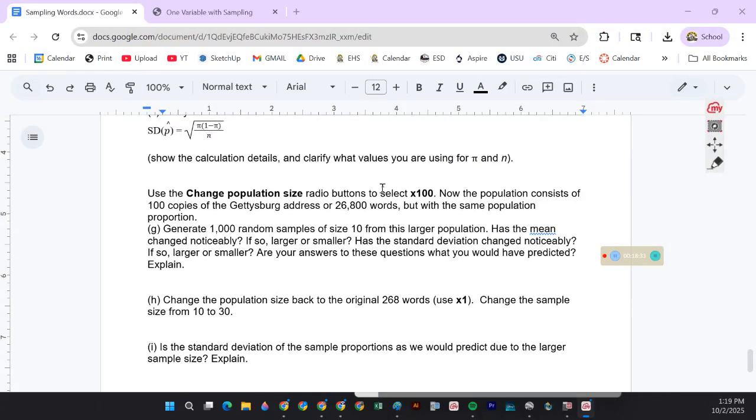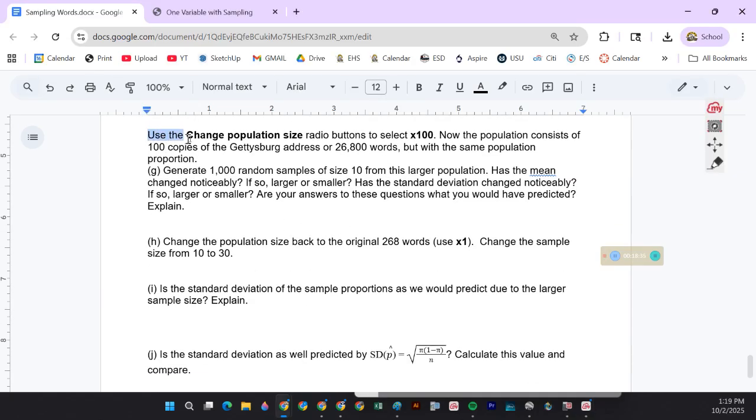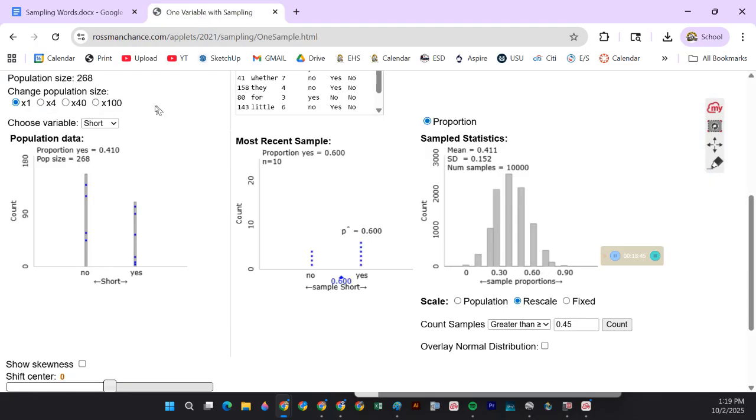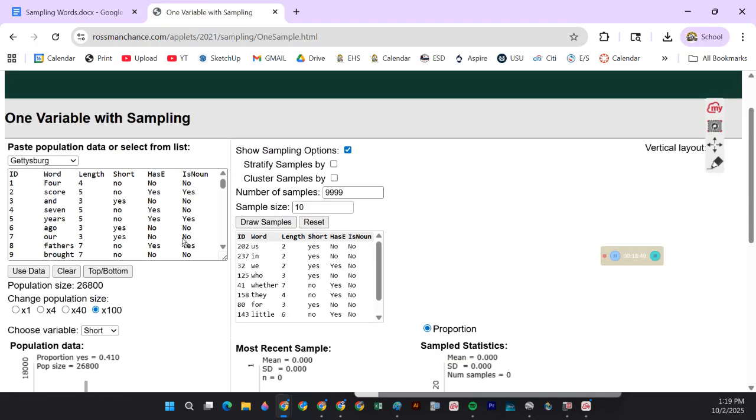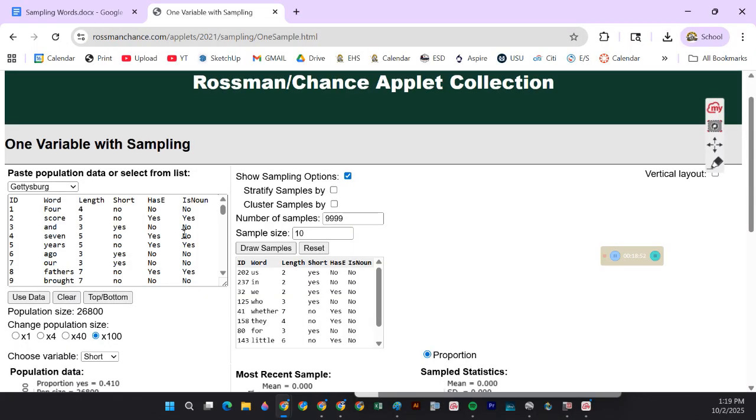All right. So now change the population side ratio buttons to select 100 times. Now the population consists of 100 copies of the Gettysburg Address. So here, I click 100, and what that's done is it's copy and pasted the Gettysburg Address 99 times. Okay?